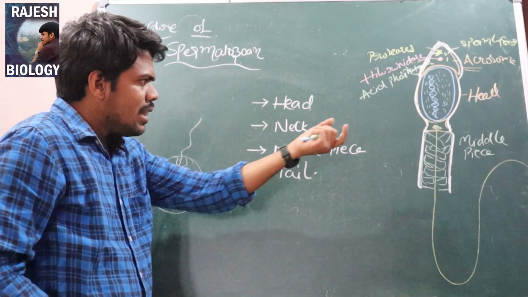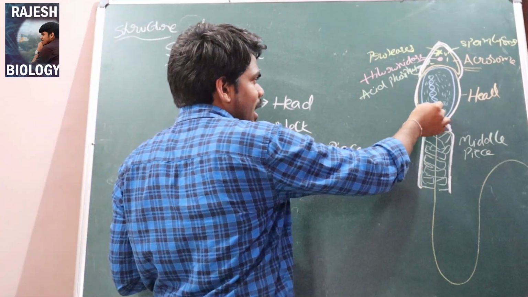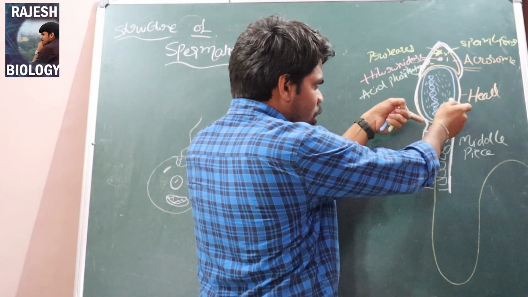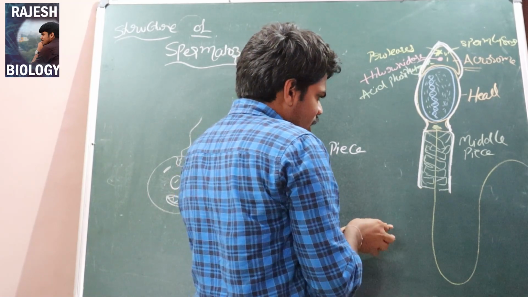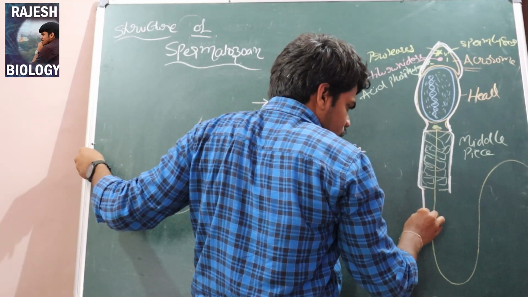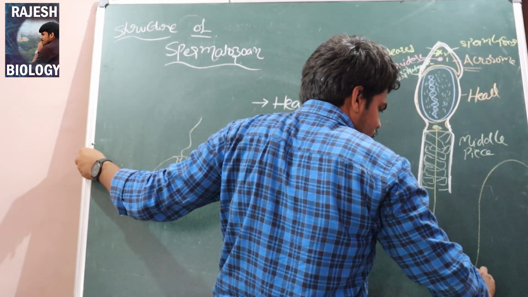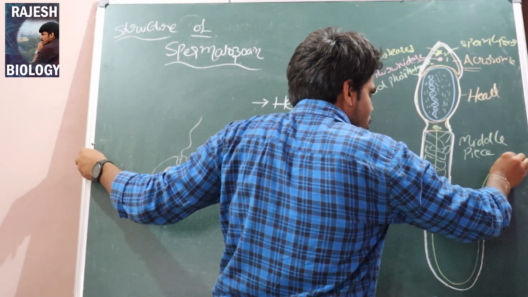Like that, this cell has this type of structure. In this structure we can observe the head portion, neck portion, and middle piece. The plasma membrane continues and covers this axial filament also.